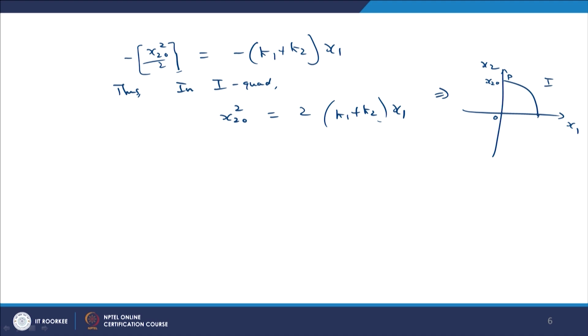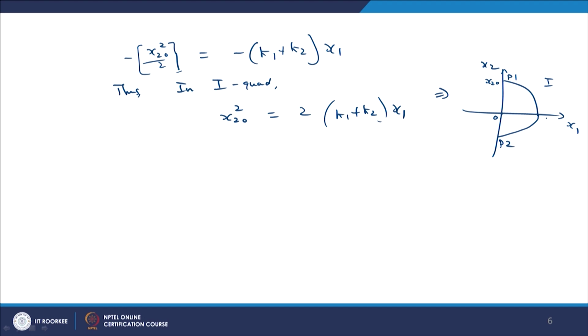In the fourth quadrant, which is going to happen like this, say this is P1 and this point is P2 and this is origin. So, it is O. So, for the first quadrant the left hand side has the limits from x2 naught, whereas the right hand one has the limits varying from 0 to x1.